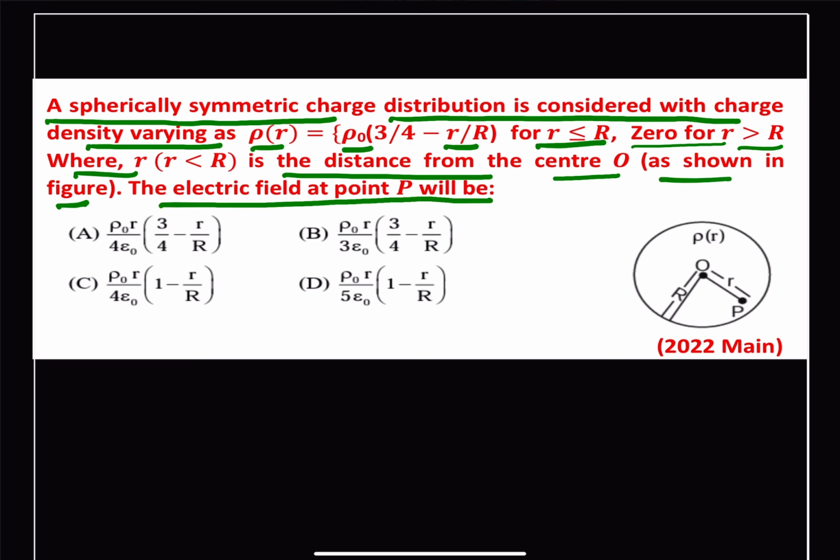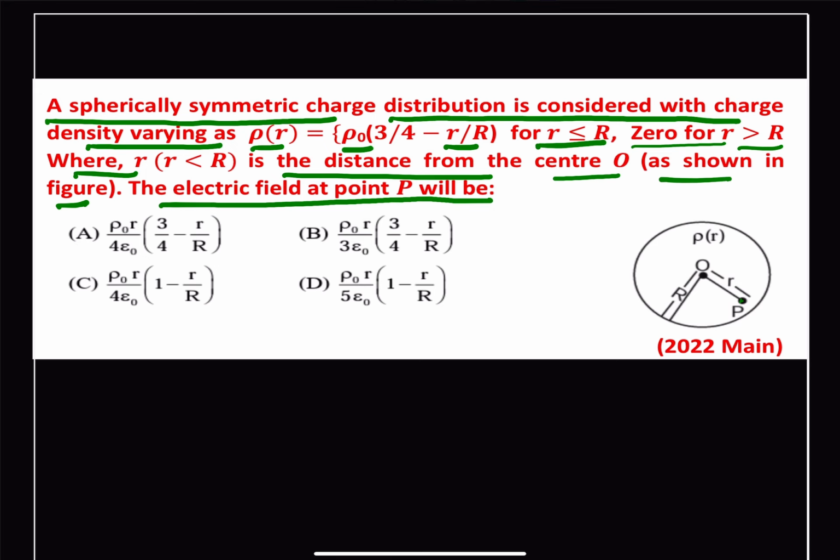So a basic figure is given to us. We have to find the electrostatic potential at this point P, which is at a distance of r from the center, and the point P is inside the sphere or shell.